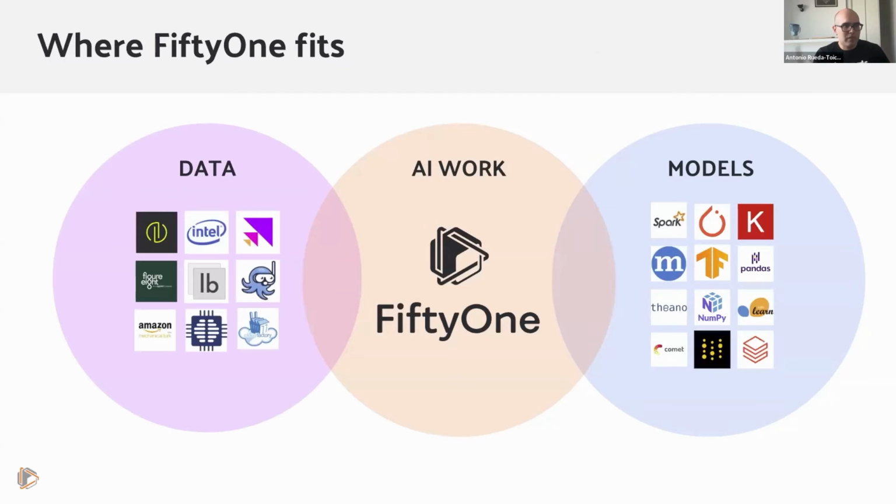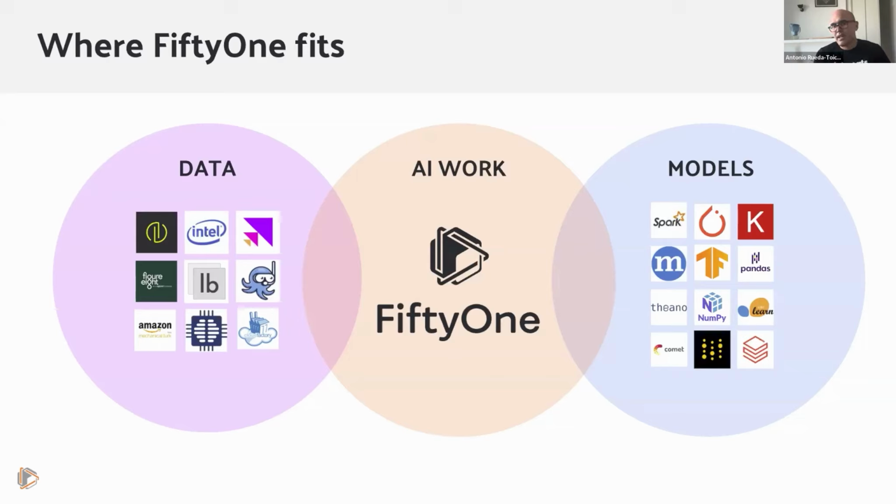And FiftyOne fits very naturally with MLOps workflows that are common in the industry and also academia. It integrates very nicely with PyTorch, with Spark. We have a very nice integration with Databricks that Daniel was presenting yesterday. It works very, very nicely with Weights and Biases, NumPy, scikit-learn.